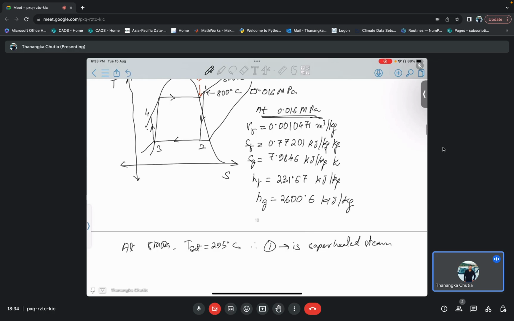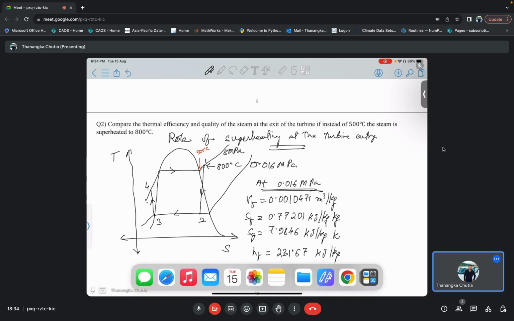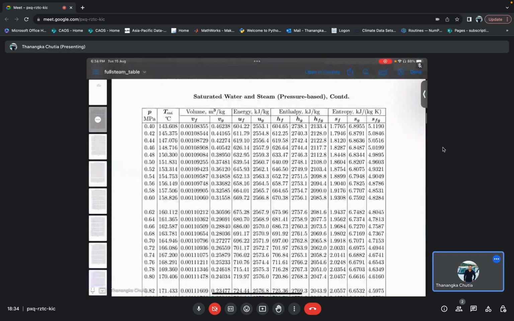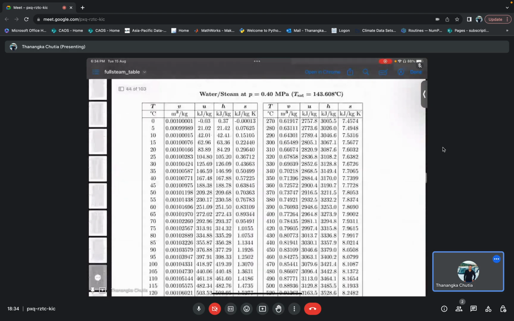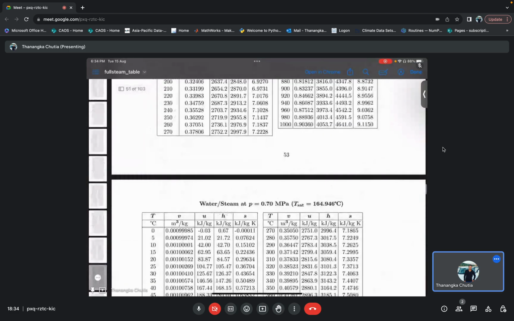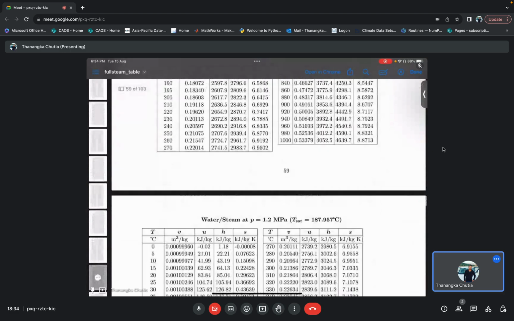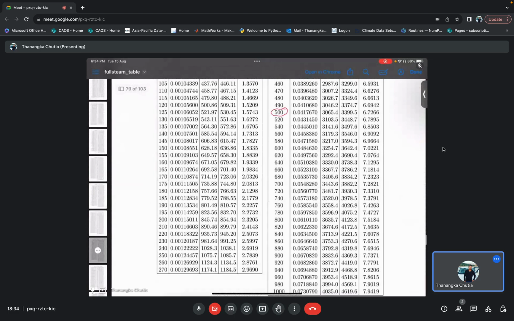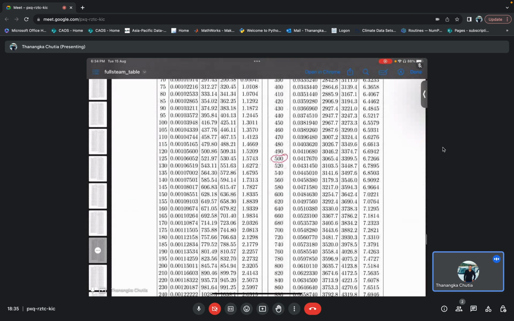So from the superheated table, we have to go to 8 megapascal only, but now we look at 800 degrees Celsius.